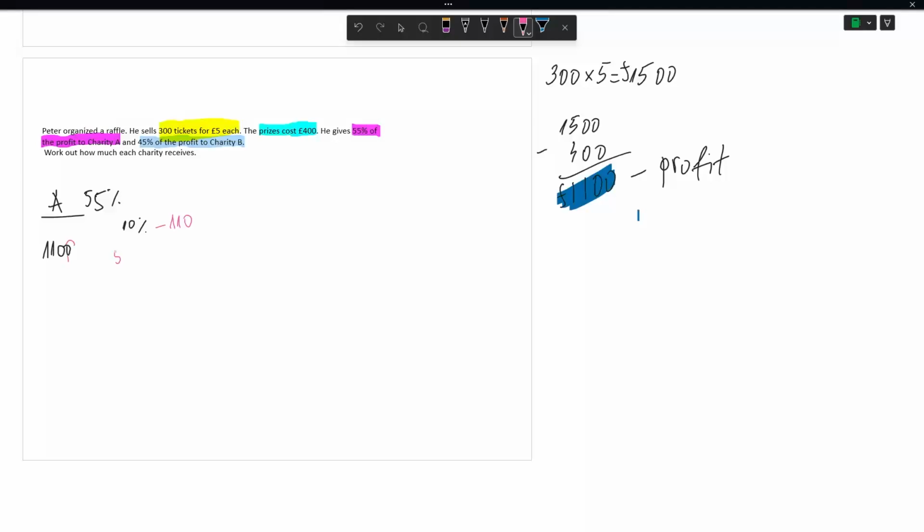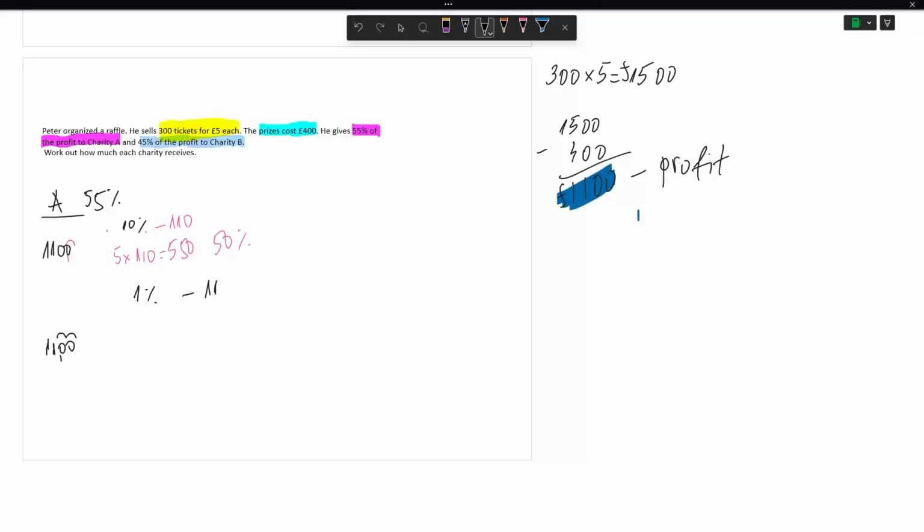So now let's find 1%. As we mentioned, for 1% we divide by 100. So in 100 we have 2 zeros. So you go 1, 2. So you have 11. So 1% is going to be 11. And you multiply 5 times that 11 so we can find our 5%.